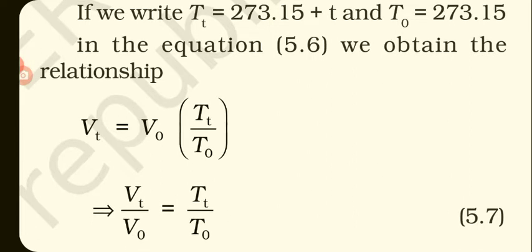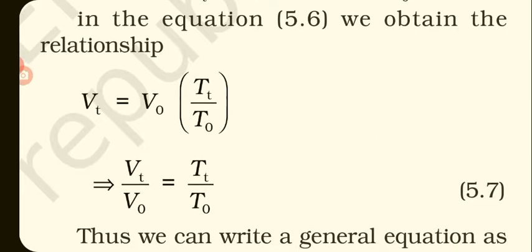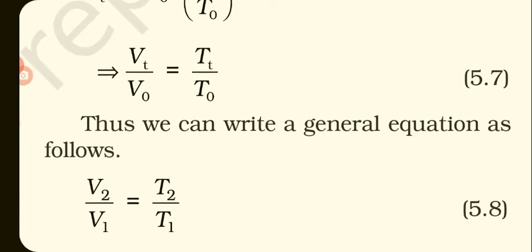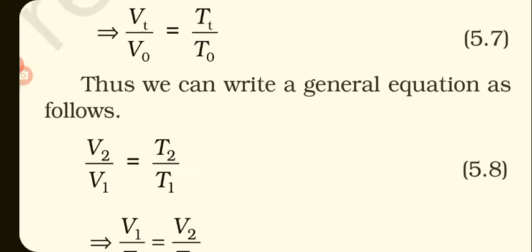So if we write T is equal to 273.15 plus t, we'll get T0 is equal to 273.15. In the equation 5.16, we obtain the relationship Vt upon V0 is equal to Tt upon T0, or Vt upon V0 is equal to Tt upon T0.